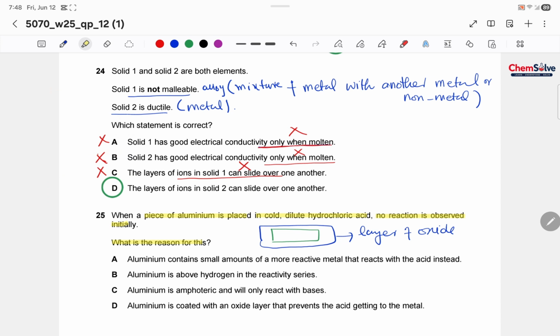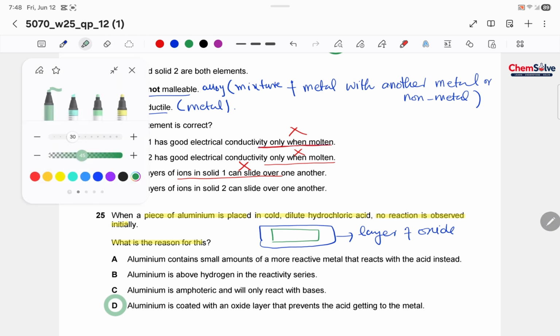So according to this, option D is the correct one. Aluminium is coated with an oxide layer that prevents the acid getting to the metal.